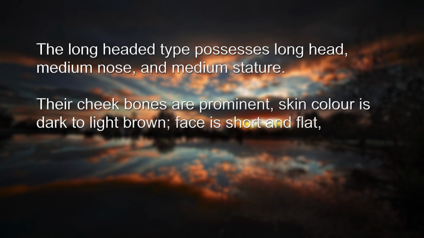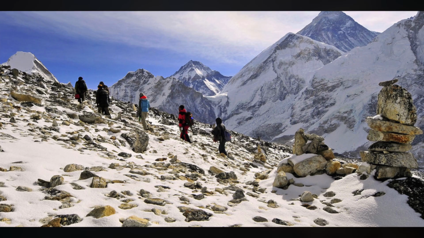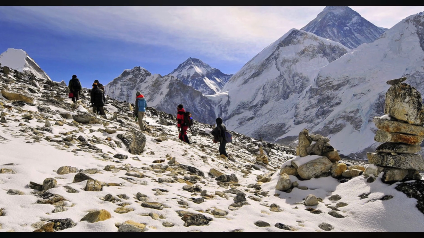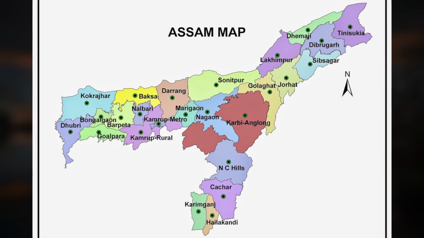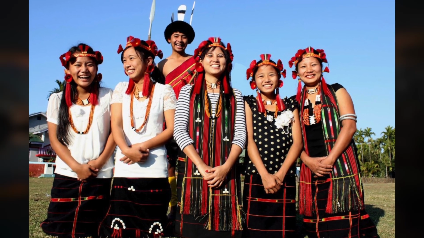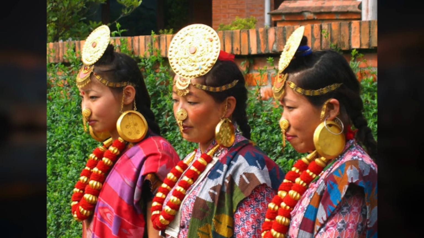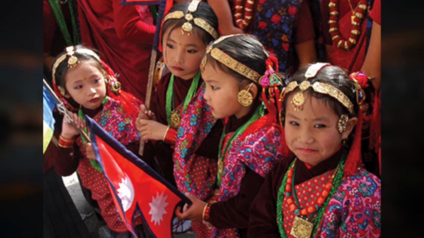Their cheekbones are prominent, skin color is dark to light brown, face is short and flat, supraorbital regions are faintly developed. They inhabit the sub-Himalayan region. This type is found in the tribes of Assam, Burma frontier, the Sima Nagas of Assam and the Limbus of Nepal are said to be true representatives of this type.